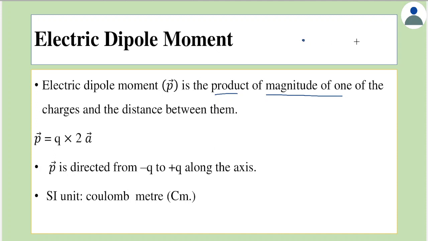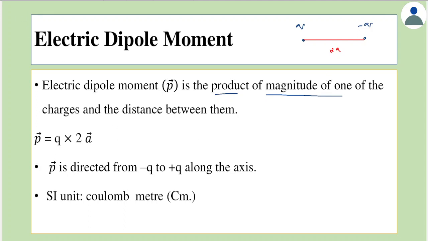Conventionally, if you call this plus Q and this minus Q, their separation is called 2a. So most books at this level would call their separation 2a. There's a reason for it, we will see in the next slide, but it is called 2a conventionally.